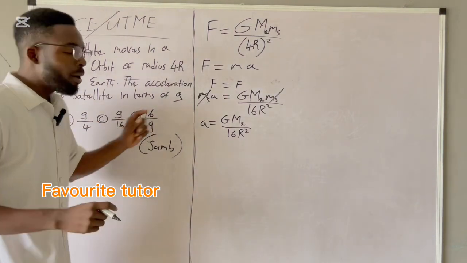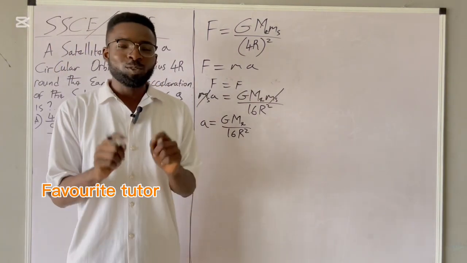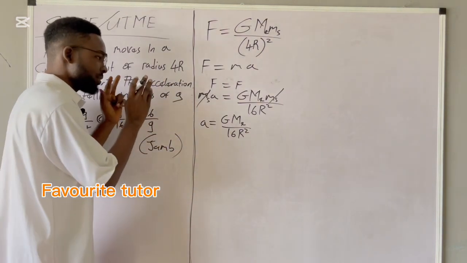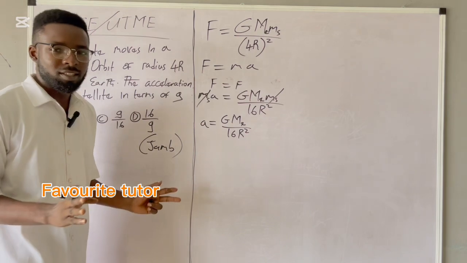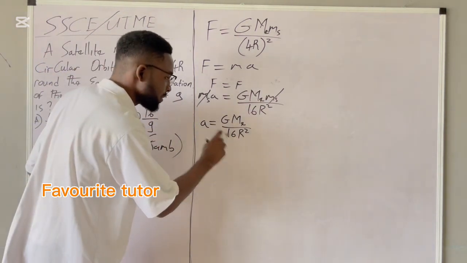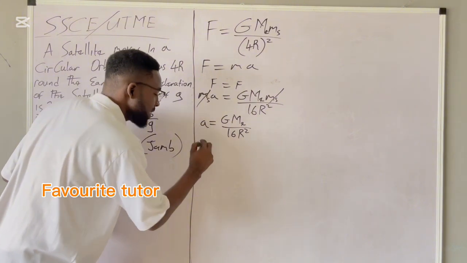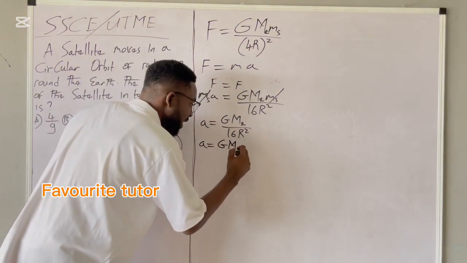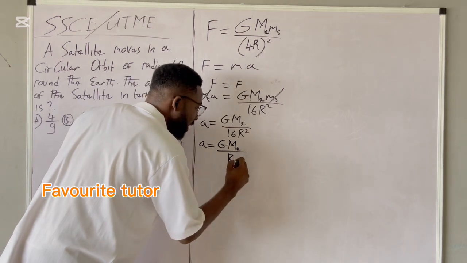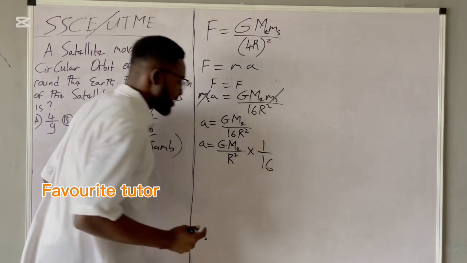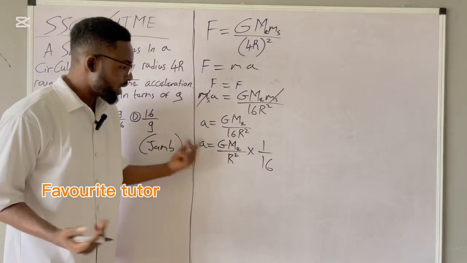G. More reason you need to subscribe to the YouTube channel, because we have explained this concept on my YouTube channel. Now see, I can also say that acceleration is equal to G times M over r squared times 1 over 16. These two look alike.